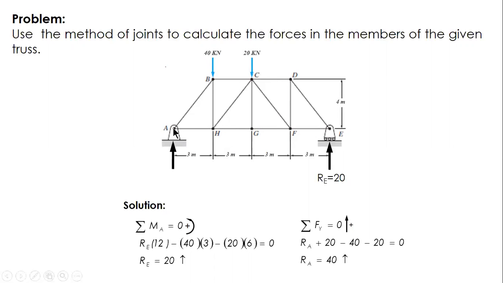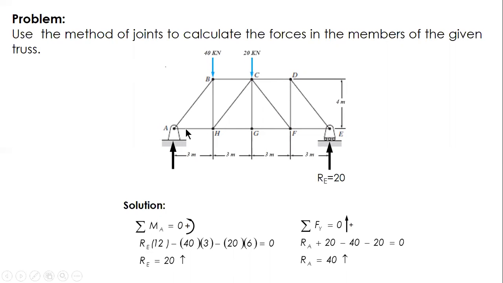In the method of joints, we can only use two conditions of equilibrium, namely summation of force along x equal to 0 and summation of force along y equal to 0. Just two. We cannot use summation of moment because it is assumed that all joints are pin connected, and therefore they cannot resist moment.